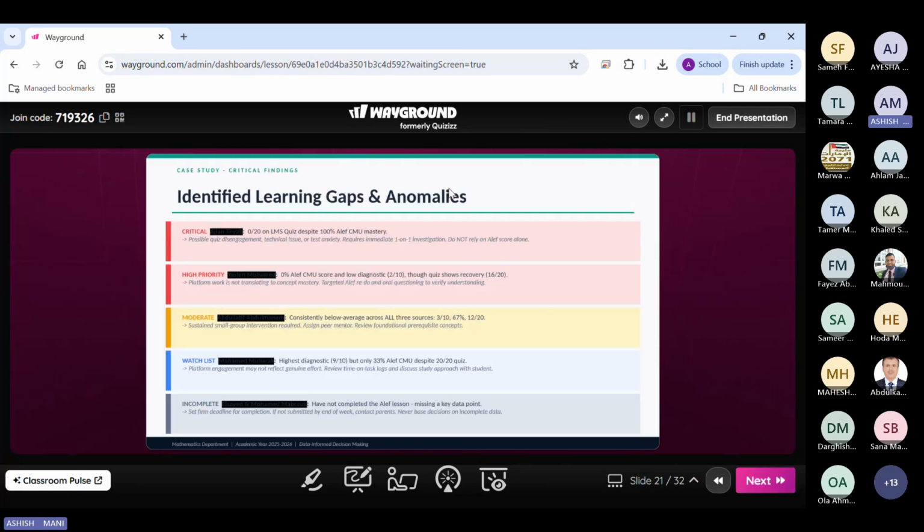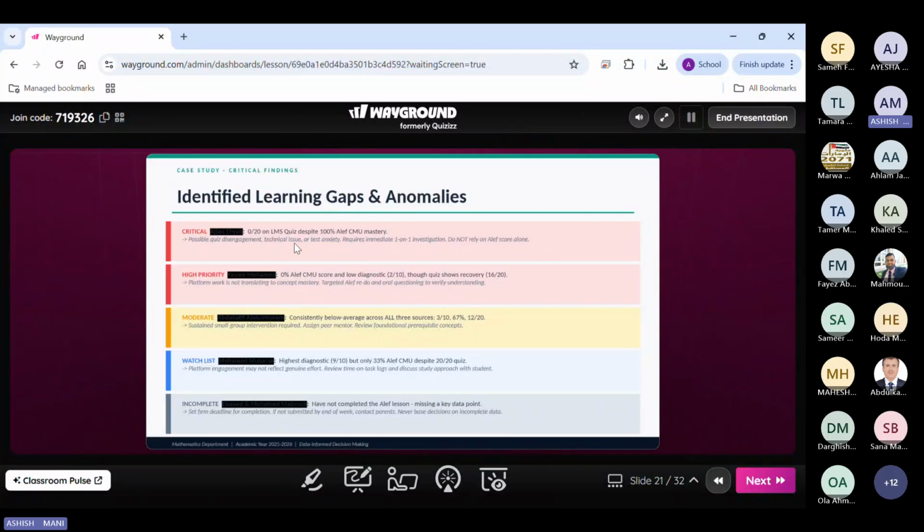Now, identifying learning gaps and contradictions. Here, what will we do? If you see those who are in critical, there is a possible investigation we will do. First of all, we will find out the disengagement. We will check the technical issues. Maybe some students have anxiety before the test.